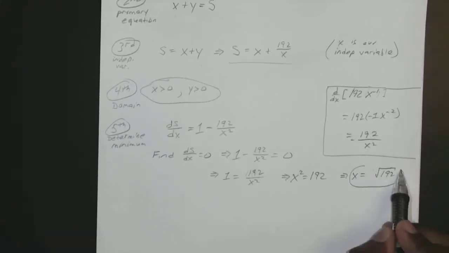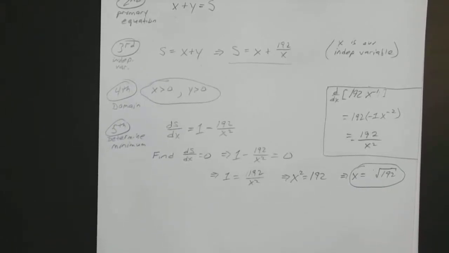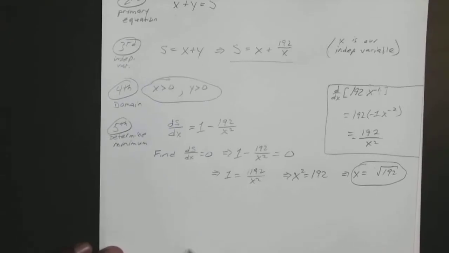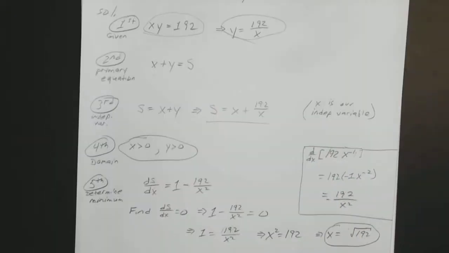Okay, so we have our x value. Now we know that y from up here is 192 over x.